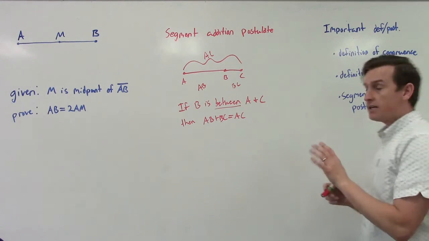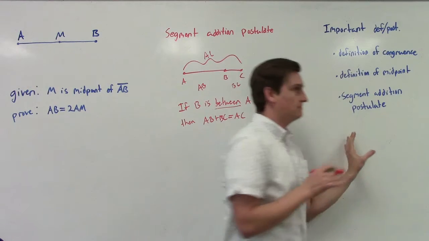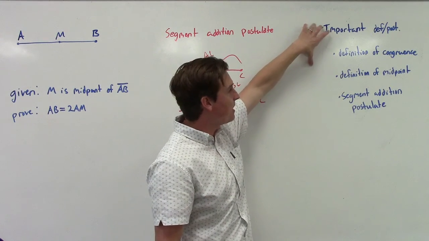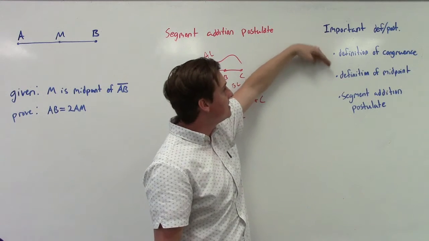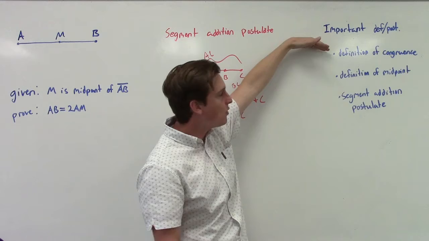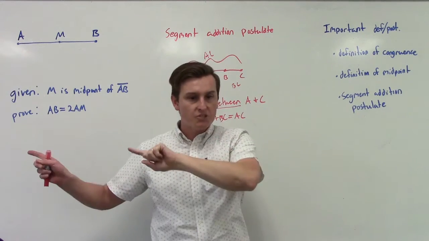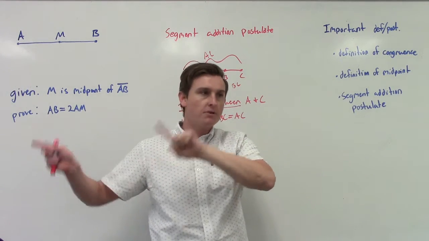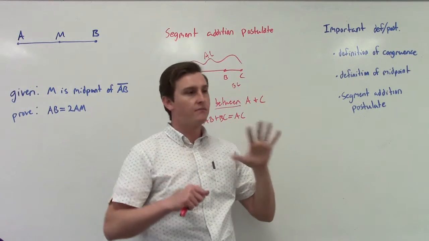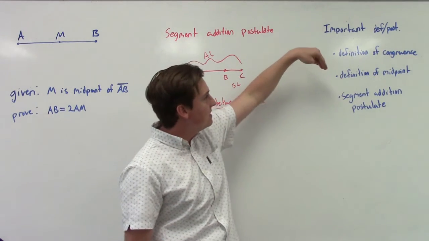Okay, so over here on the far side of the board, I've listed out some important definitions or postulates that we're going to need. These are the 3 most important for this assignment today. Definition of congruence is going to come up a whole lot, and remember that's how we switch gears from congruence properties to equality properties. If we can get to equality, that's great, because now we have 5 other properties we didn't have before.